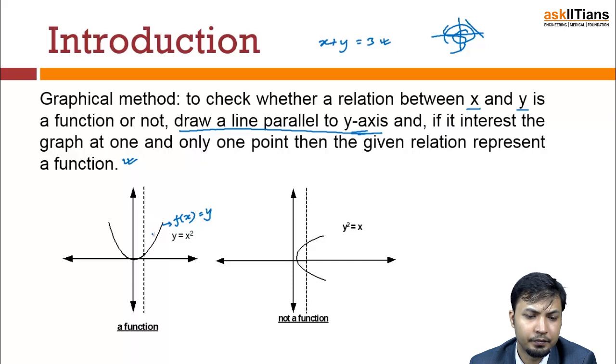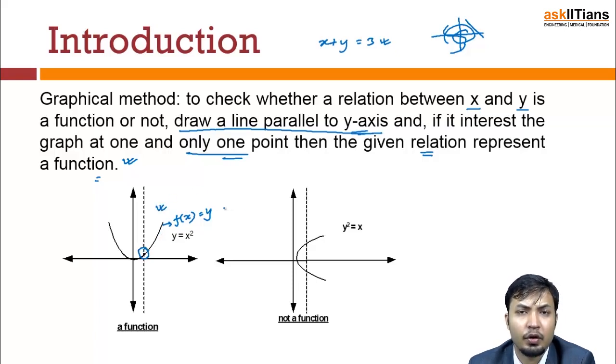When I draw this graph, it needs to cut this line at only one point, then the given relation is a function. You see over here it cuts at this point. So this is my function. Why is that? Unique value for every element in A to every element in B.